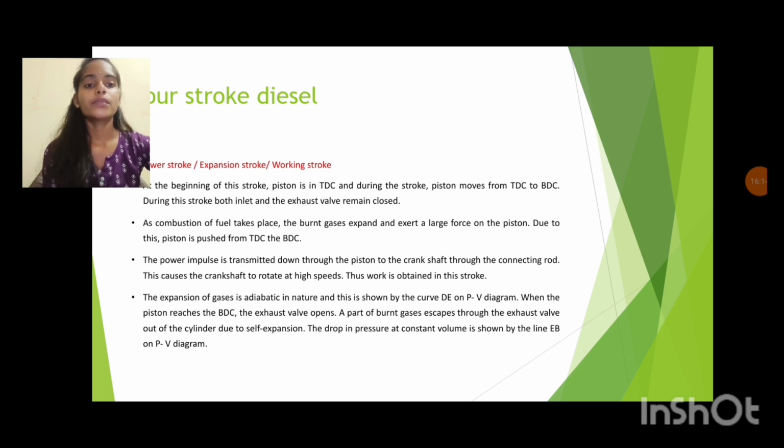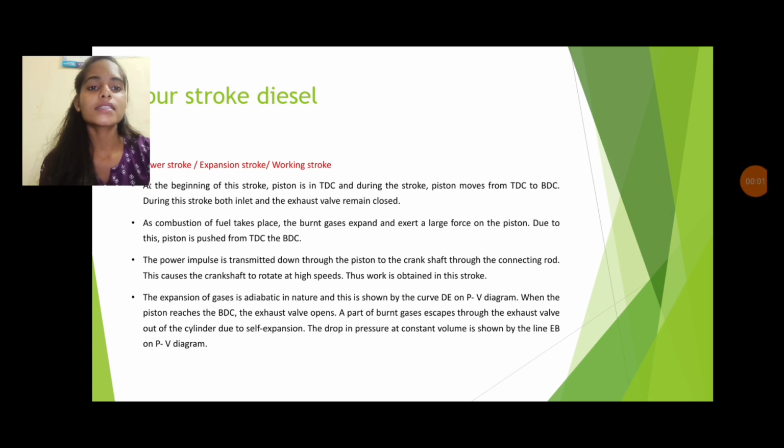The power impulse is transmitted down through the piston to the crankshaft through the connecting rod. This causes the crankshaft to rotate at high speed. Thus work is obtained in this stroke. The expansion of gas is adiabatic in nature, and this is shown by the curve DE on the PV diagram.